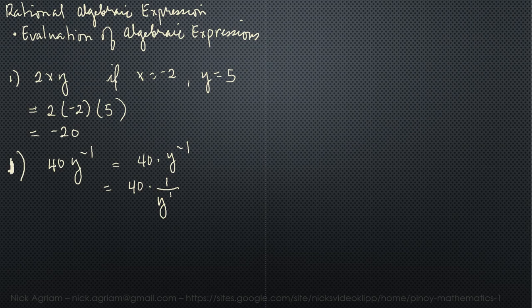What is y? The value of y is equal to 5. Then we have 40 multiplied by 1/5. Then we have 8. Yeah, it is 8.